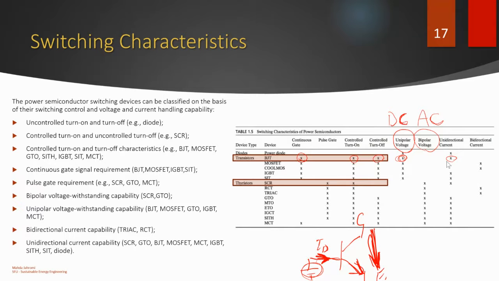Does someone have a question? Does that mean that you can use Zener diodes with AC sources too? Yeah, you can use Zener diodes with AC sources, but just remember that if you have a symmetrical AC and you're applying it to a Zener diode, the Zener only cuts the voltage on one side. It's not bidirectional like this.